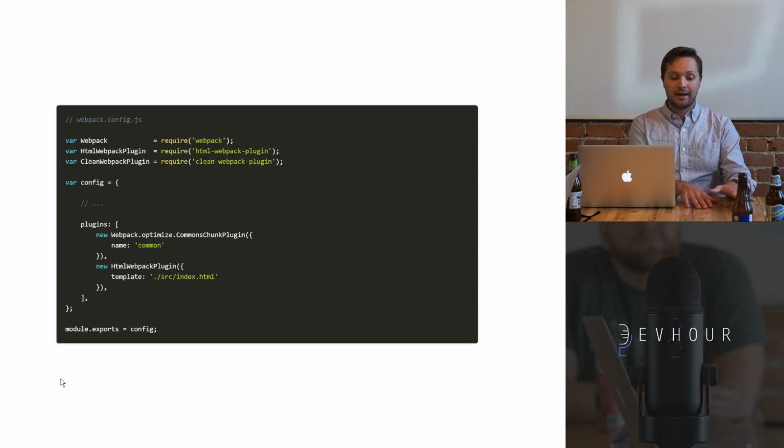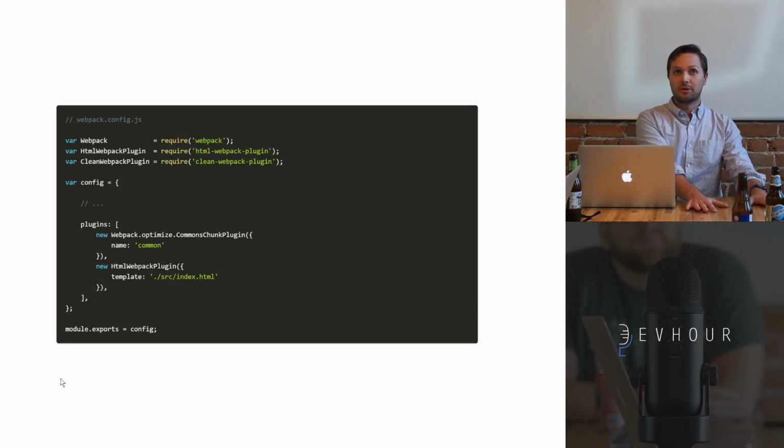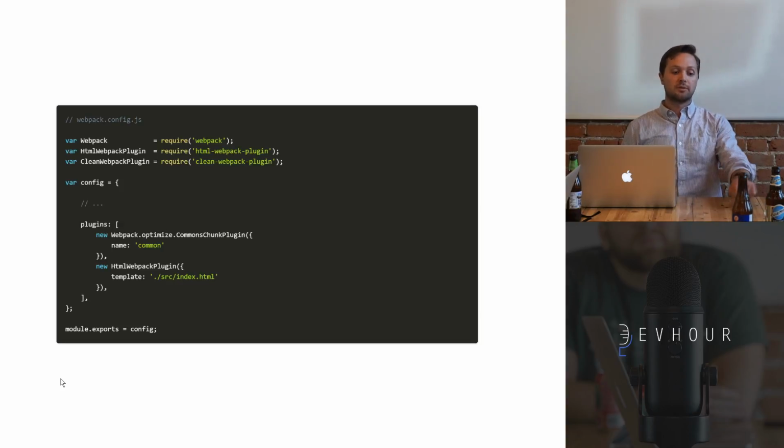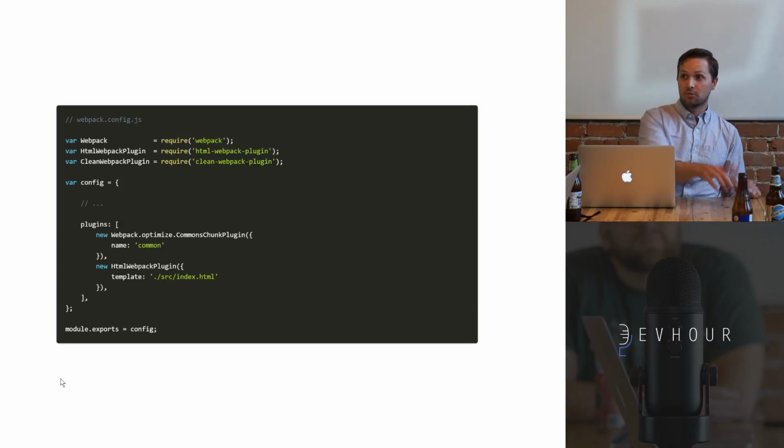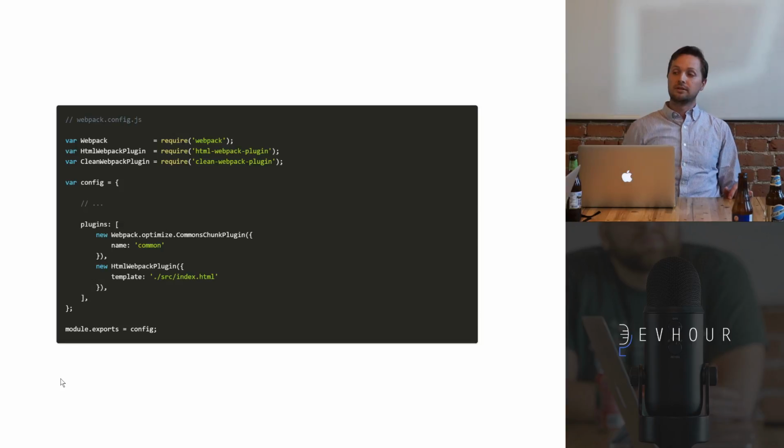So say we have a vendor bundle that holds our React libraries, and say we're building a Node app with a front end bundle and a back end bundle. If we have some utilities that we're sharing between both, Webpack will be able to track that when it's building our app, and it will extract the common chunks into a separate bundle that will be shared between the two. So we're avoiding duplication between our front end and our back end bundle.